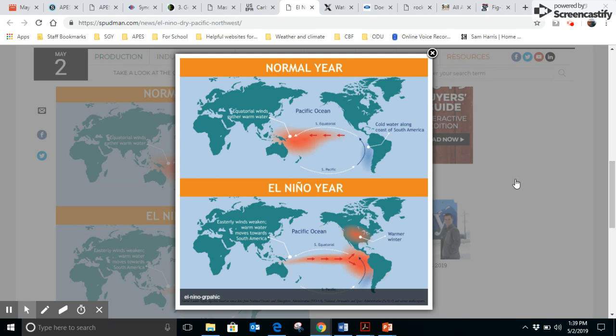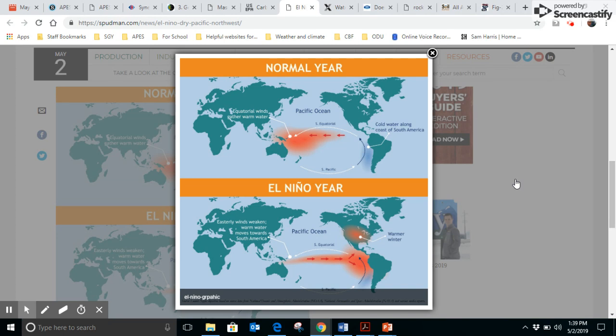The trade winds operate normally, but every once in a while, every 3 to 7 years approximately, though you can have some in even shorter or longer intervals, we have an El Nino event. This is when the trade winds are too gentle or they stop for a little while, and this huge mound of warm water can then work with gravity and spread out across the South Equatorial Pacific.